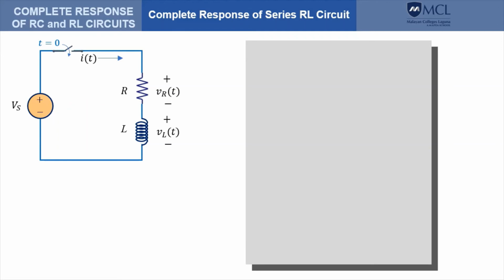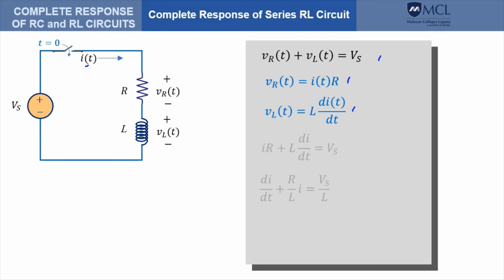We can apply KVL and produce this equation, but then again we know that V sub R can be expressed in terms of IR, and V sub L is L di dt, where I there is the current through the inductor, which is also our I through the circuit. So we can replace V sub R by this one and V sub L by this one in this equation, and that will give us this equation.